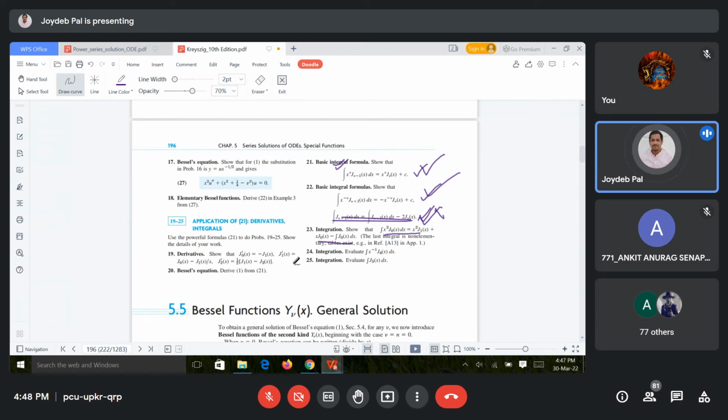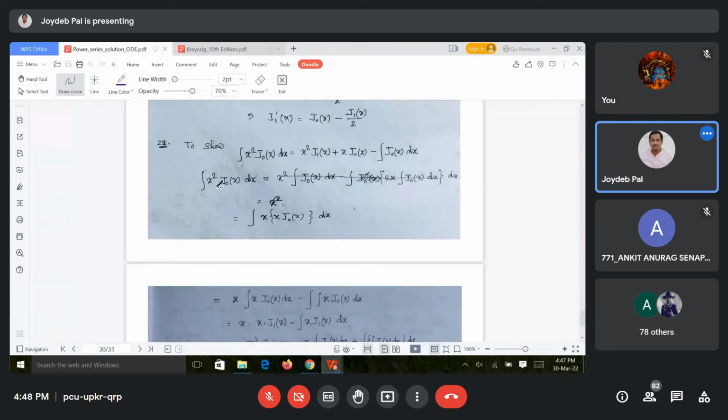But in that by parts, you have to fix which one you take as the first function and which one as the second function. So I am writing x square j naught x in the form x into x j naught x. Why am I writing it in the form of x into x j naught x?